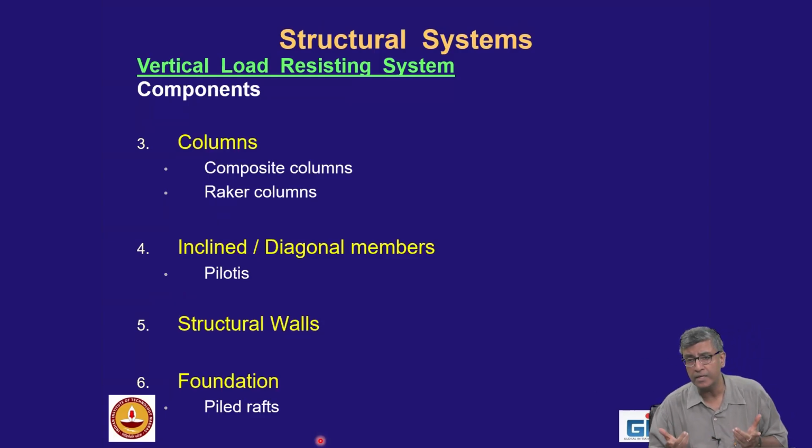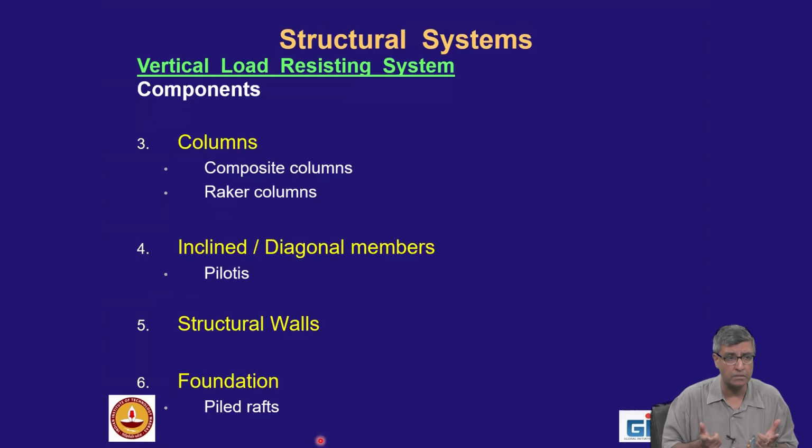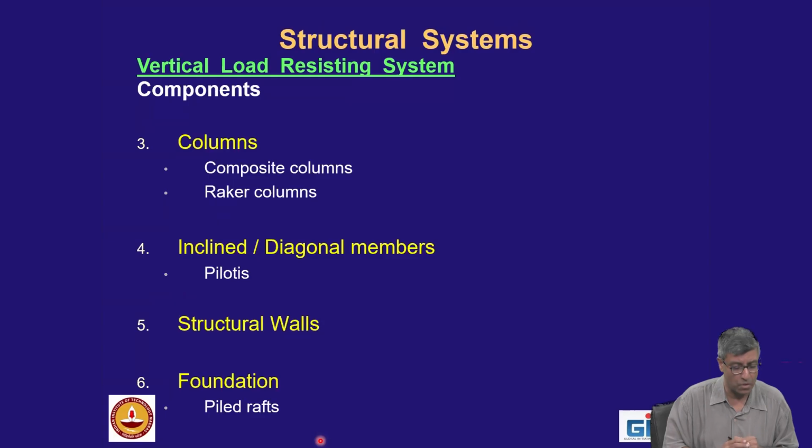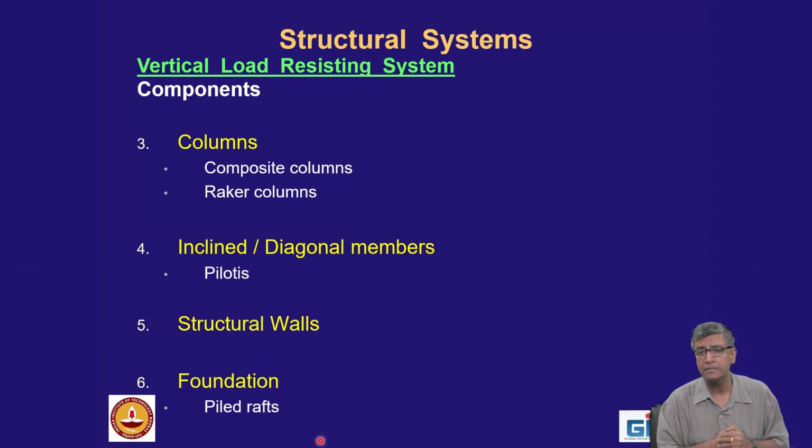What BJ Shirki is doing is cast in place precast concrete. But we can have concrete filled steel tubes. We can have structural steel within concrete. Different types of composite columns are possible. Raker columns, columns which are inclined. Diagonal members, pilotis. Then the structural walls, which I just briefly covered, and finally the foundation.